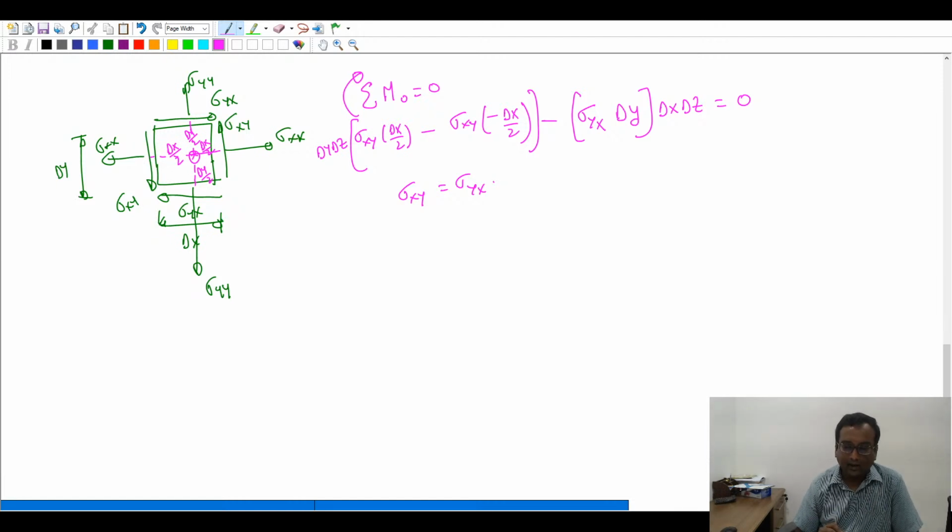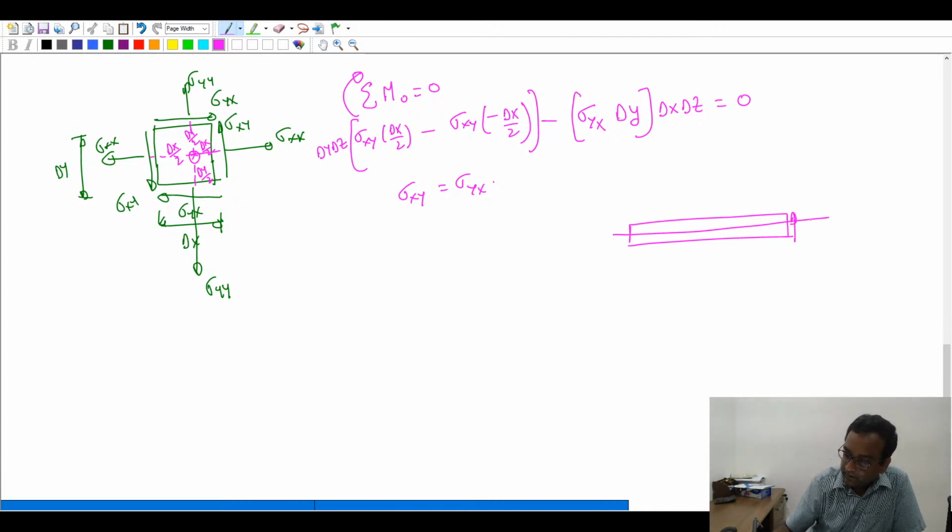Okay, since sigma xy must be equal to sigma yx, in any element, if there is a vertical shear there will be a complementary horizontal shear. If there is a horizontal shear, there will be a complementary vertical shear also. So even though there is only a vertical force applied, vertical shear coming on this face, if I cut a beam at any section, what happens?